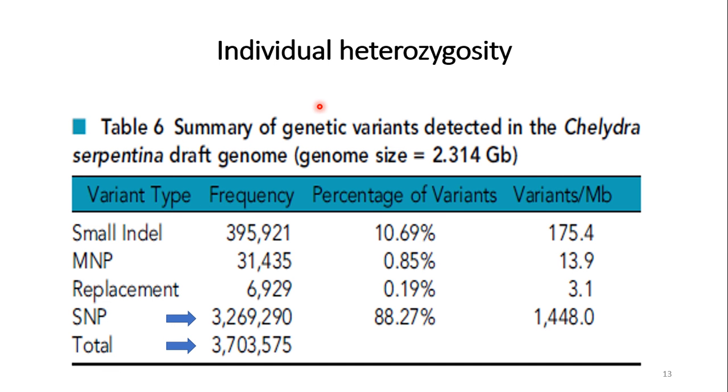So, individual heterozygosity shows a total of 3.7 million variants found, and single nucleotide polymorphisms contain 3.2 million.